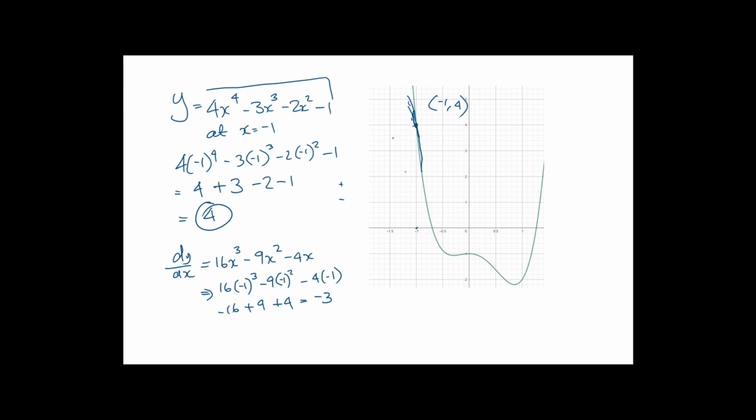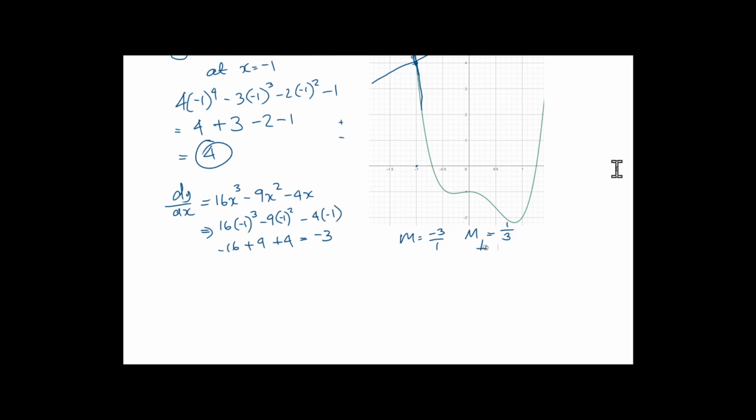Therefore, the gradient of the line that cuts it at 90 degrees, so if m is -3/1, the gradient of the perpendicular must be 1/3, but positive 1/3, because we multiply by -1. All right, we're getting there.